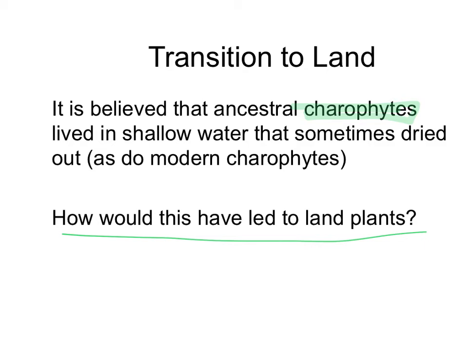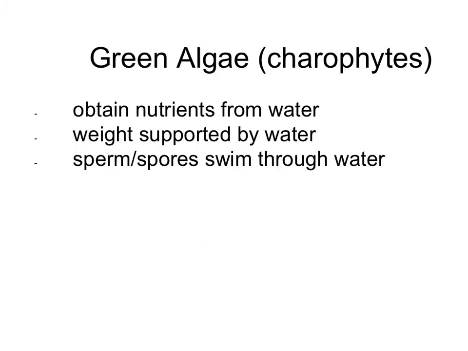Whereas some other organisms are not going to be able to survive and not be able to reproduce. And so over time, what likely would have happened, we would have had this sort of natural selection towards the green algae that is able to survive. And further selection would have resulted in our earliest plants.